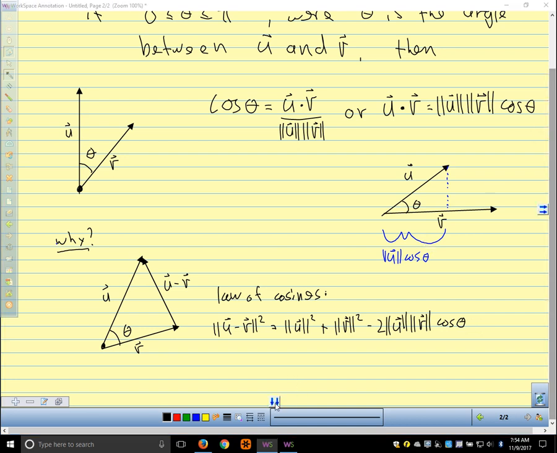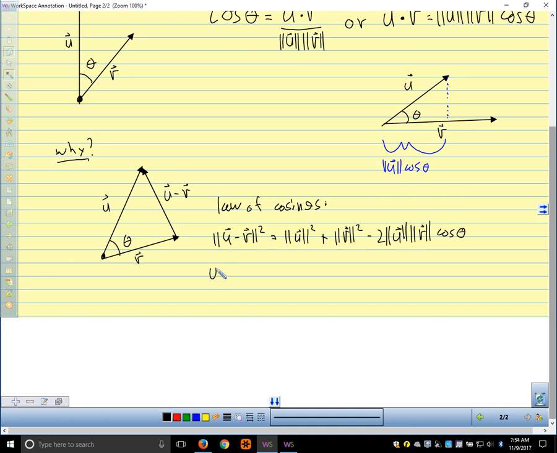Well, we just talked about this property that the magnitude of u minus v squared is u minus v dot u minus v. And now we're going to distribute.